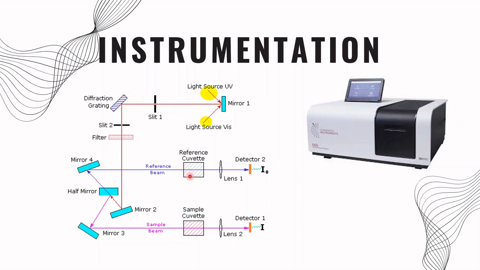You should also know that the sample should be taken in a quartz cuvette, not a glass cuvette, because glass will also absorb UV light. Glass can be used if the requirement is in the visible region. Cell length is always 1 centimeter. For a sample of known concentration, we can measure the absorbance, that is log of I naught by I. The plot of absorbance against wavelength will give the UV visible spectrum.